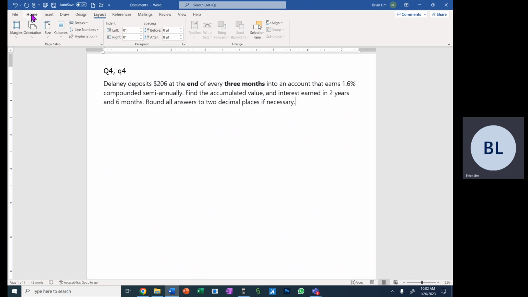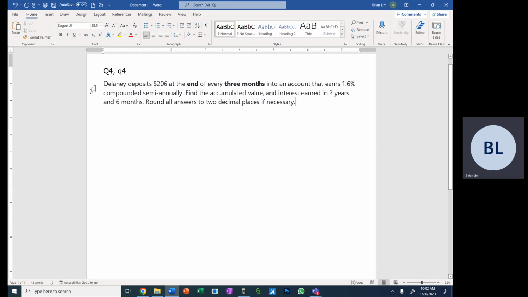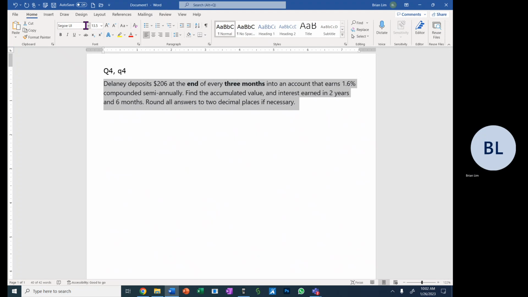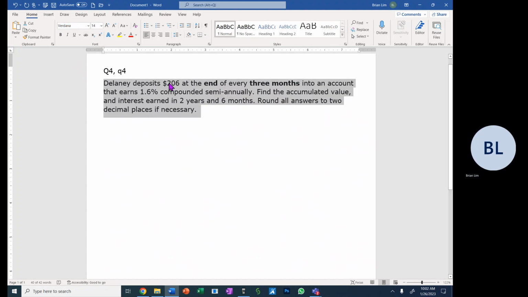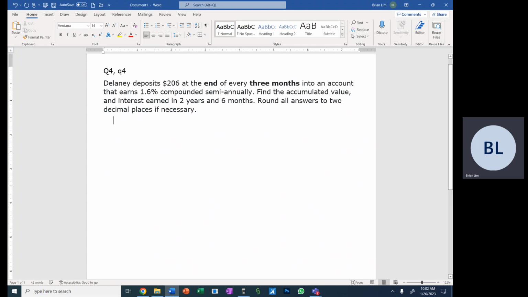All right, so there we are. And if we wish, we could decide to change the font and go with a different one, making the size a little bit different.